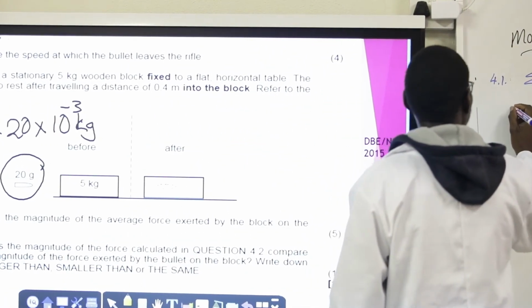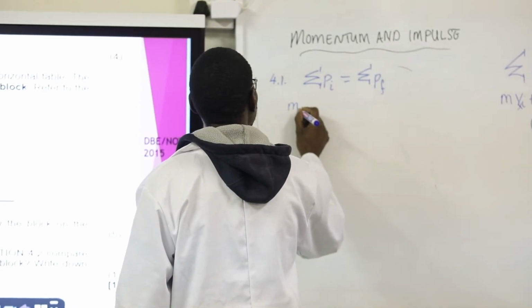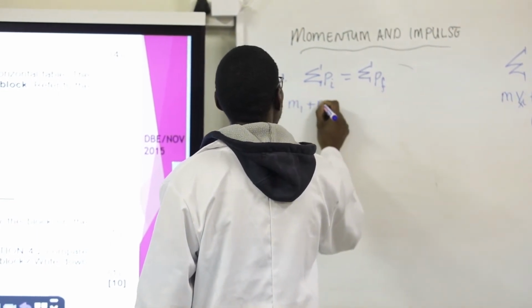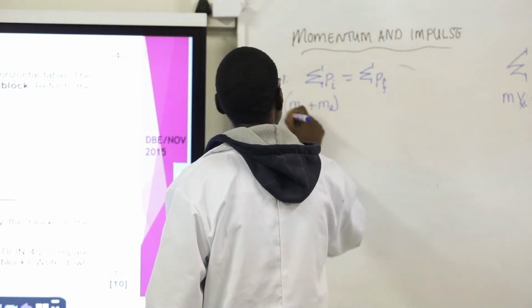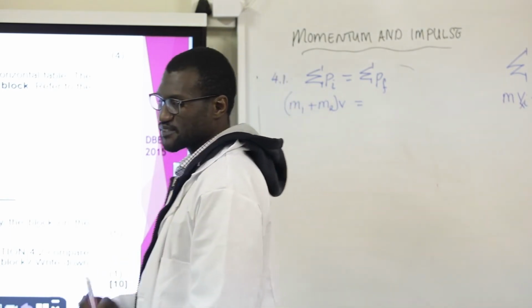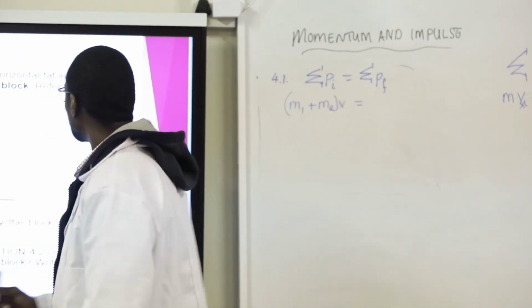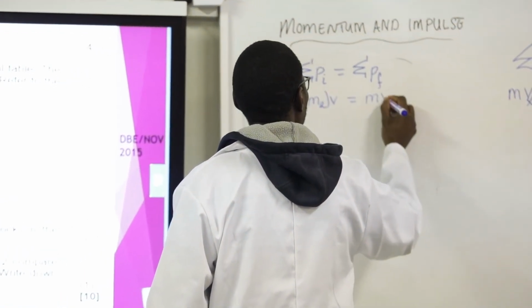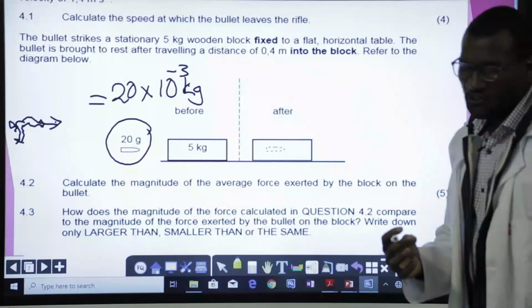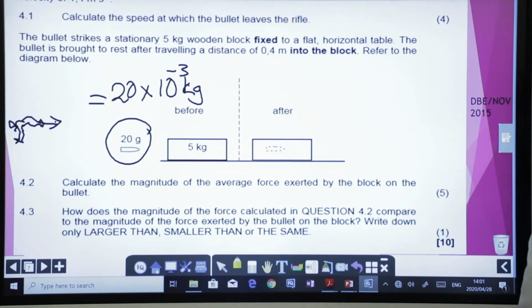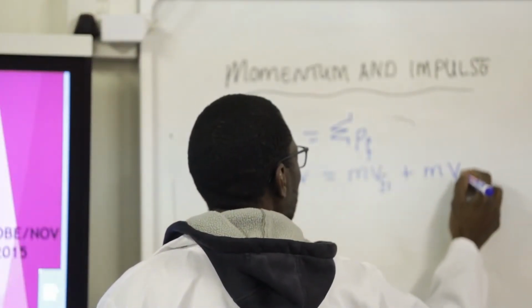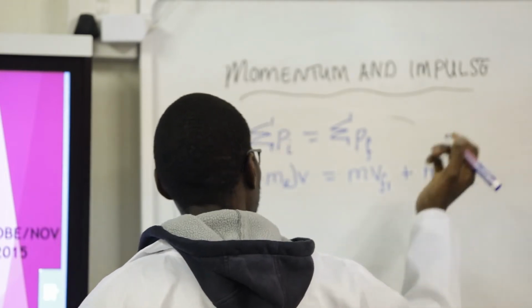Initially, what is happening? We know that the mass of the gun, let's call it mass 1, plus the mass of the bullet, let's call it mass 2, times initial velocity, is going to be equal to the mass of the gun times final velocity of 1, the gun, right, plus mass times final velocity of number 2, all right?